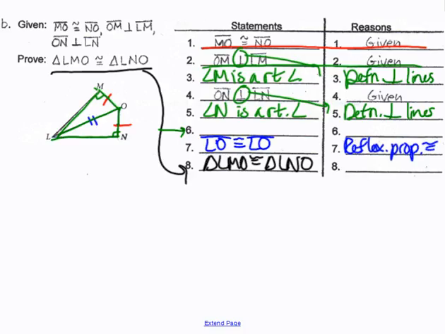So what I'm going to say is triangle LMO and triangle LNO are right triangles by the definition of a right triangle. So the reason my triangles are congruent is hypotenuse leg.